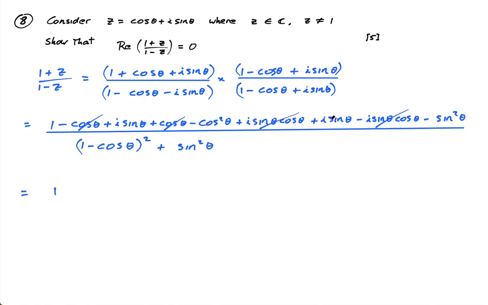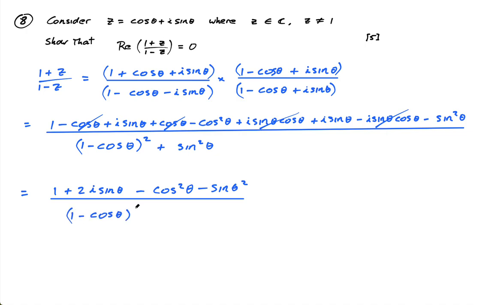I have an i sine theta and an i sine theta, so that's plus 2i sine theta. So it's 1 plus 2i sine theta, and then I have minus cos squared theta minus sine squared theta, all over 1 minus cos theta squared plus sine squared theta.